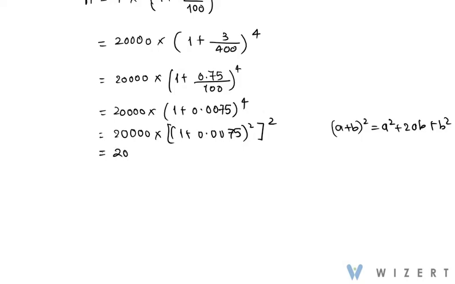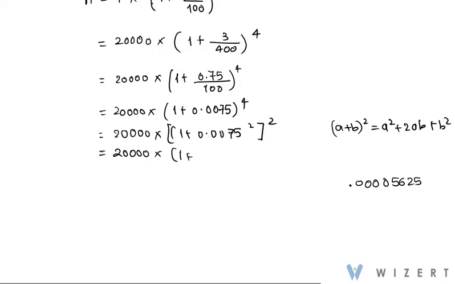So let's calculate. 20,000 multiplied by 1 square is 1, 75 square is 5 5s are 25, 7 8s are 56. So 0 0 0 0. The decimal point will be twice the number of digits there are in this particular number, that is 8.